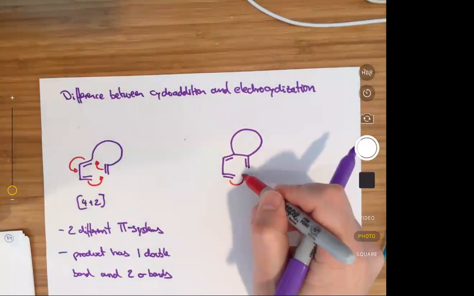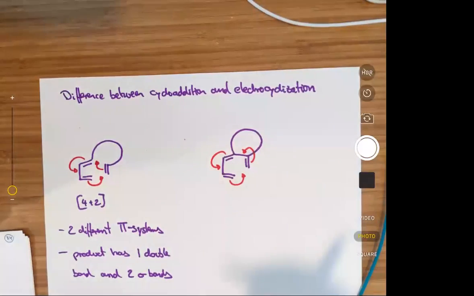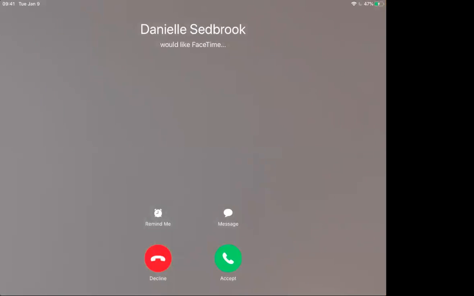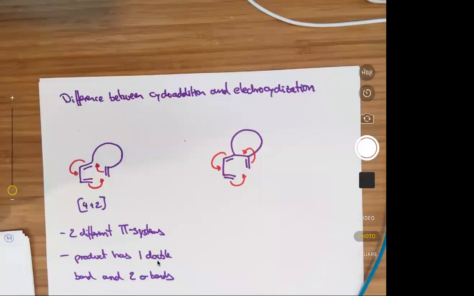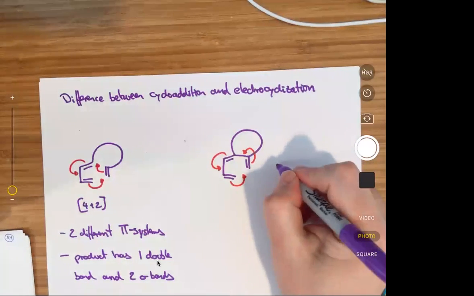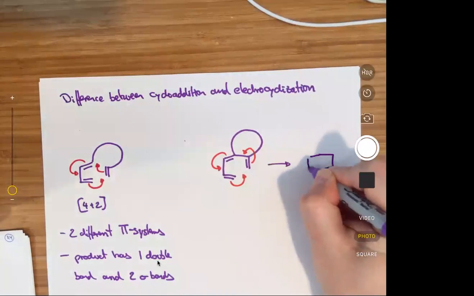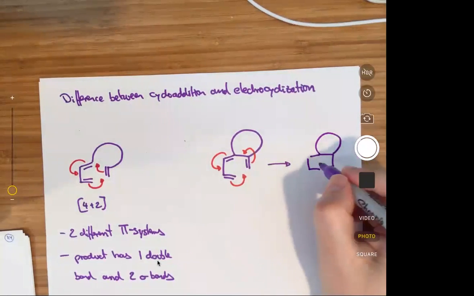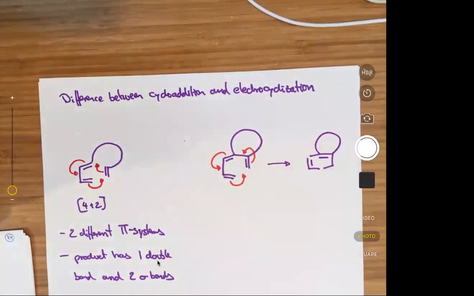And in this case, again, we can push the arrows around, and we are going to get a 6-membered ring with two new double bonds and one sigma bond here.